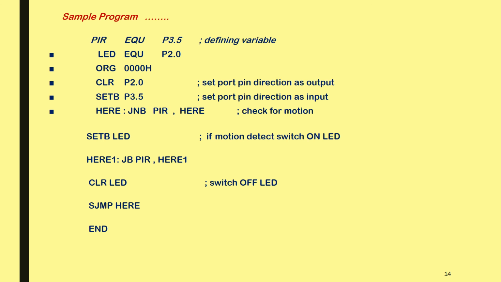Accordingly, if there is a motion, then switch on. If there is no motion, then switch off. If the bit is not set, remain in the loop, and once the bit is set, you can see the loop.